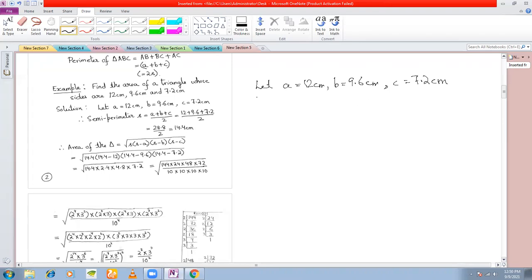Okay. First of all, since we know the lengths of the sides, we'll first find out the semi-perimeter. S is A plus B plus C divided by 2.